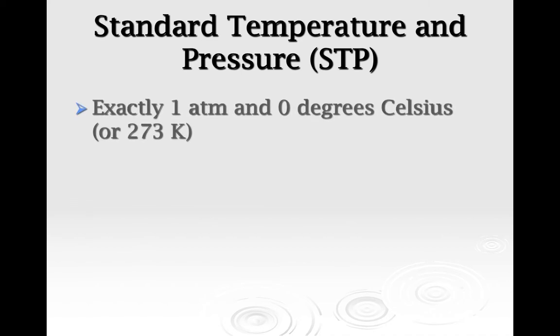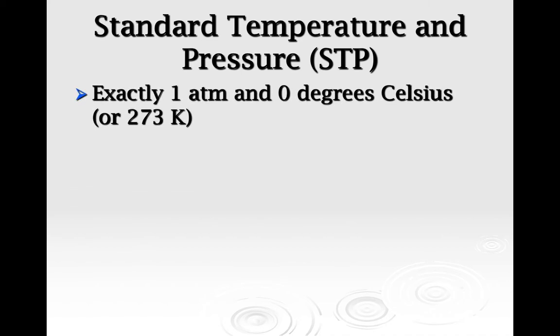One last thing. Sorry, I forgot about this slide. Standard temperature and pressure, STP, is used by scientists, used by more than scientists, really. Also used very much in the racing community, NASCAR and IndyCar. You'll see STP used a lot in those racing circuits.